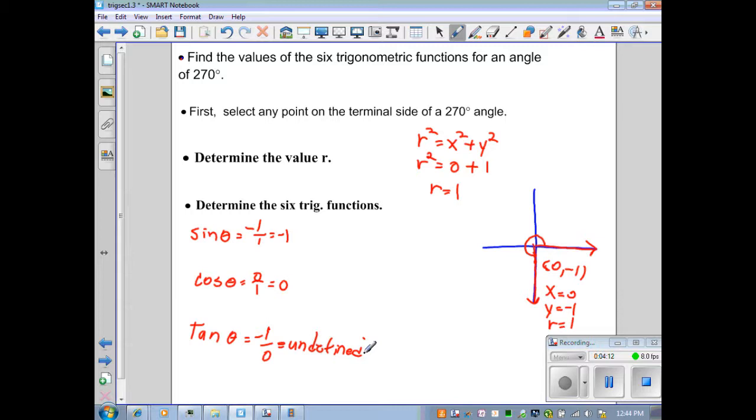Reciprocal functions, cosecant of theta is going to be 1 over -1, which is -1. Secant theta will give us 1 over 0. So secant at 270 degrees is undefined.